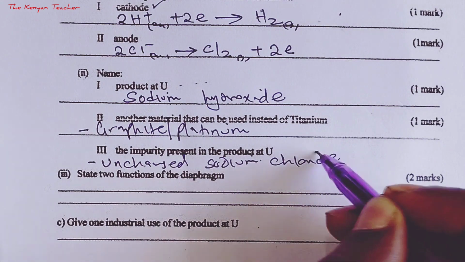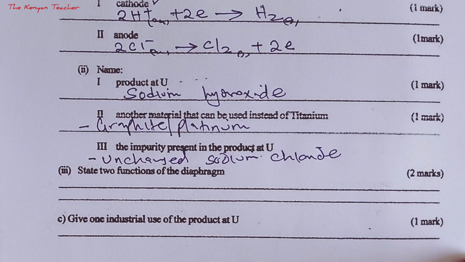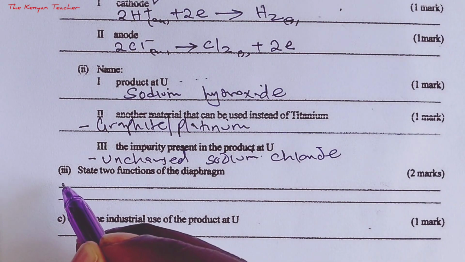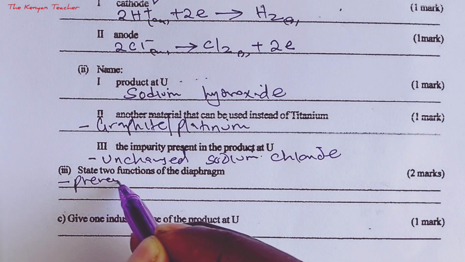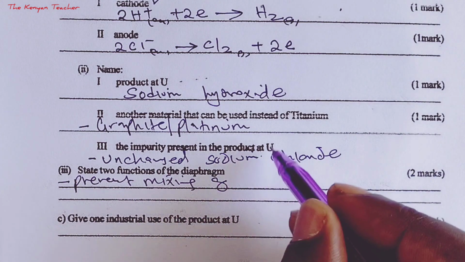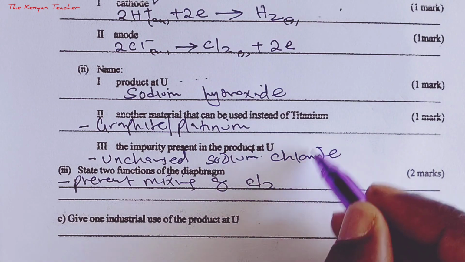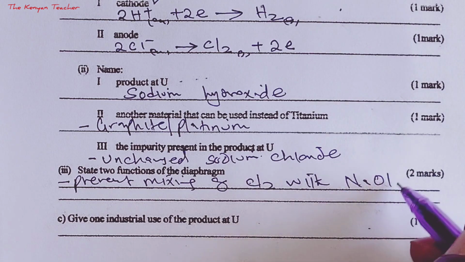The impurity that is present in the product U is obviously what we called unchanged sodium chloride, or just sodium chloride. 2 functions of the diaphragm was the next task for candidates in the year 2004. And the first function is to prevent mixing of chlorine with our sodium hydroxide.